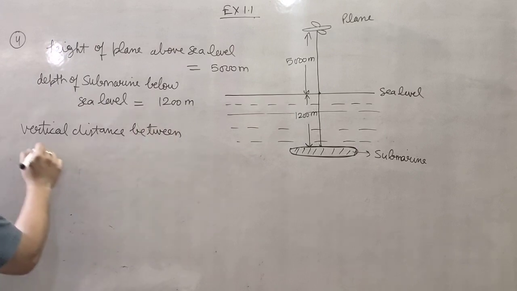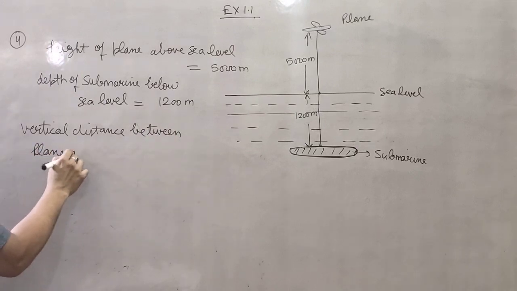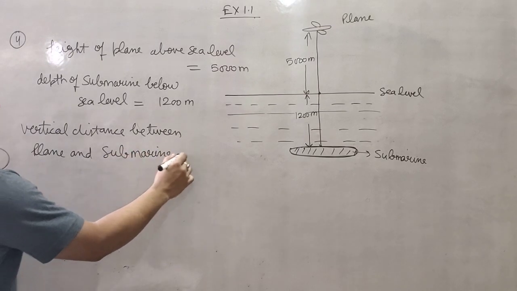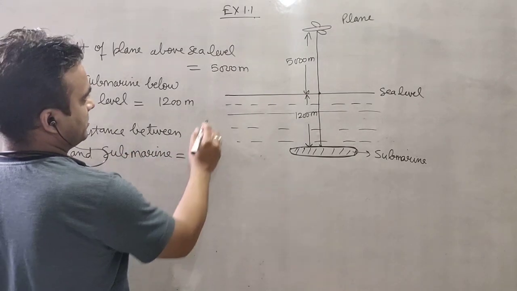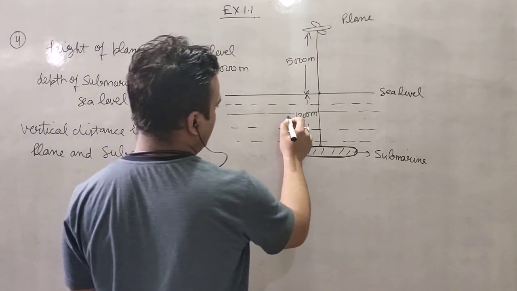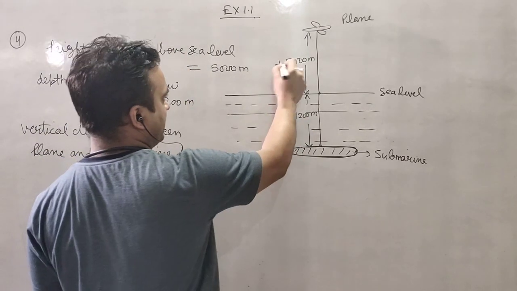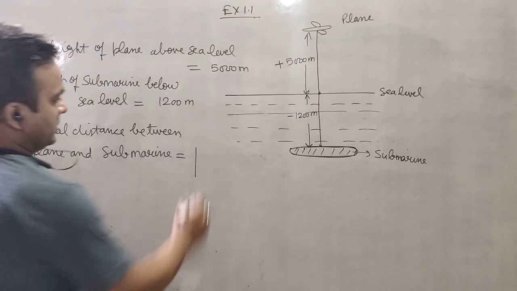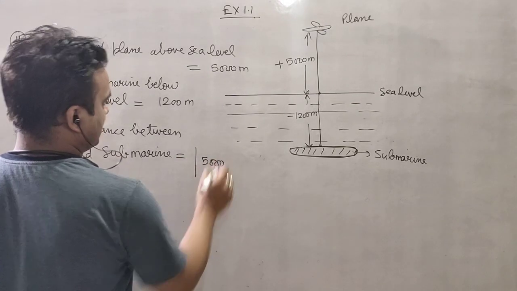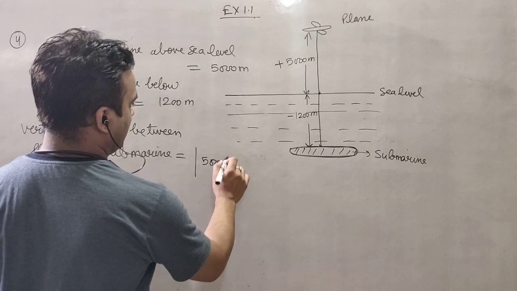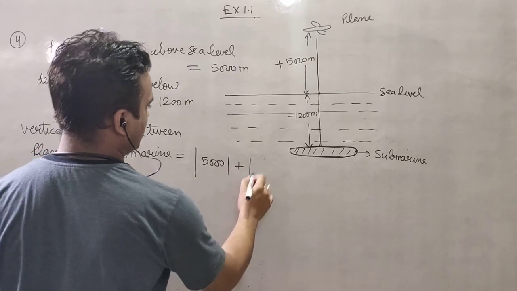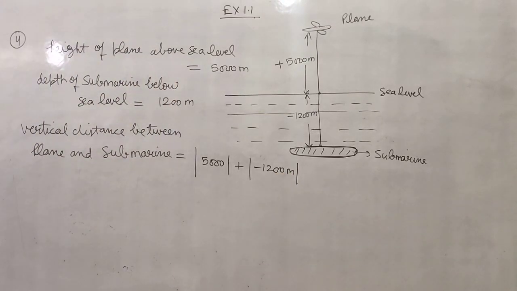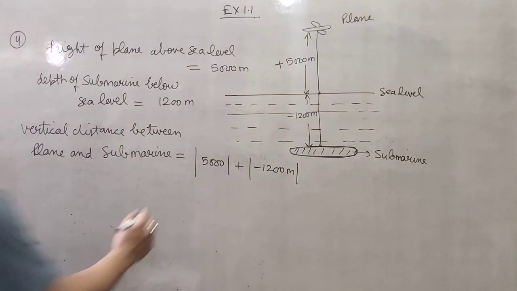between plane and submarine. So what you have to do, below level will be minus and the upper level will be positive, but whenever you are doing this, it will be like this: 5,000 plus minus 1200, because distance is always taken positive.